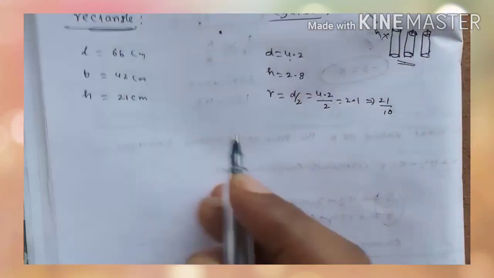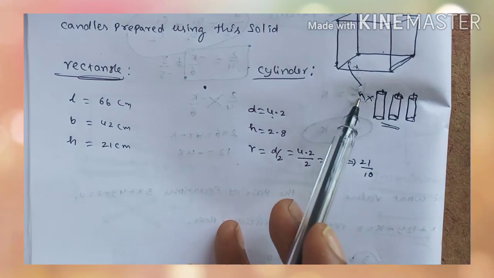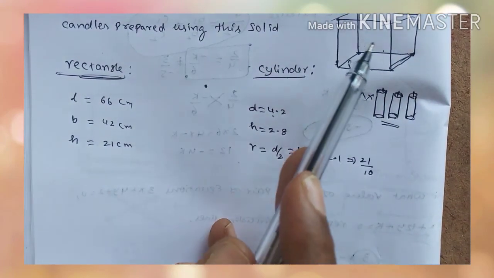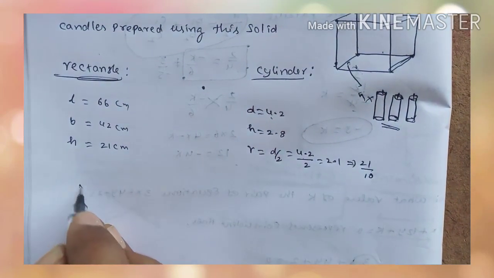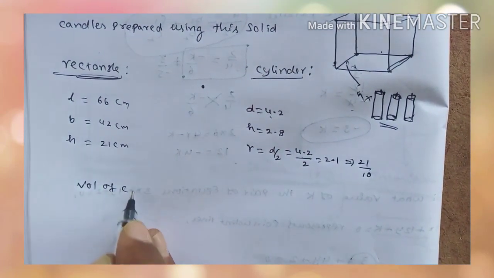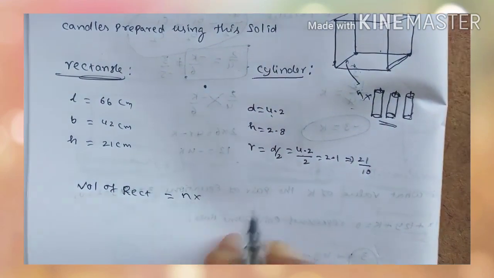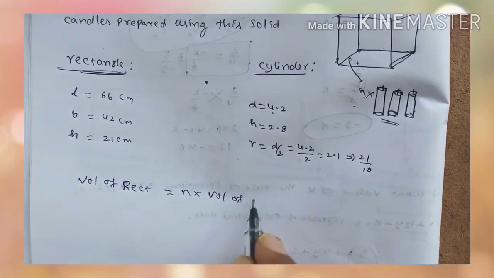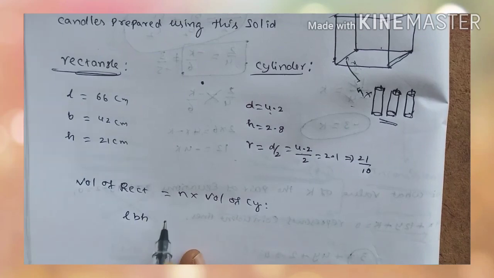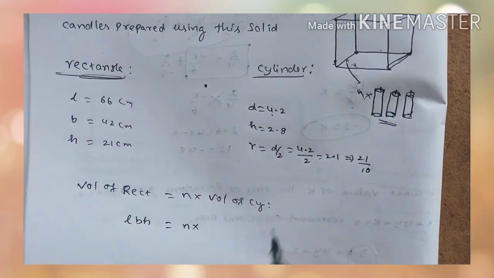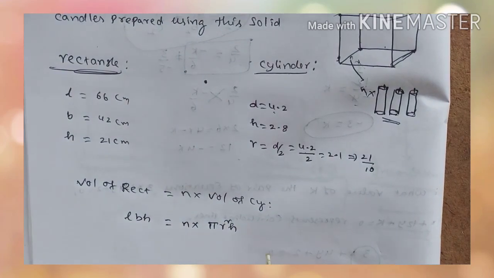Now we can go for the final result. Big volume object is equal to n into smaller objects, I mean volume of rectangular solid is equal to n into volume of cylinders. Volume of the rectangular solid formula is L into B into H, and volume of cylinder formula is pi r square h.